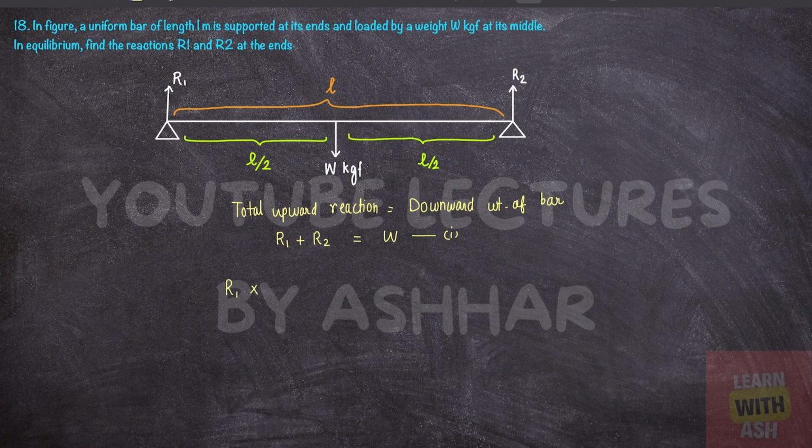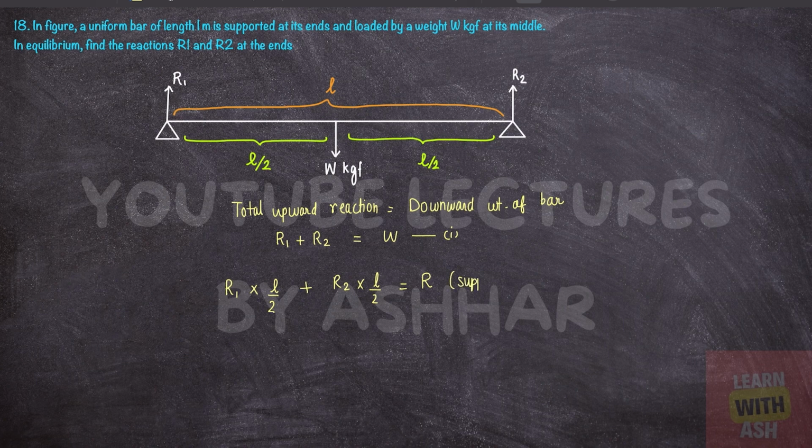The distance from the fulcrum. Over here, nothing as sort of fulcrum is present in this question, but this weight acts as the fulcrum because it is at the middle. So I can write L upon 2 plus R2 into L upon 2 is equal to the total reaction.